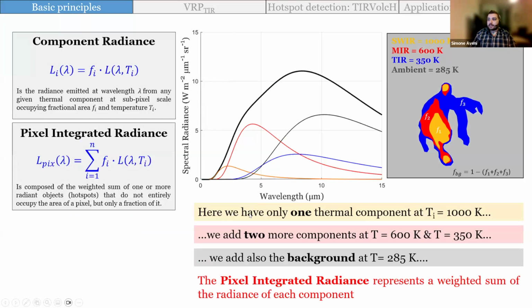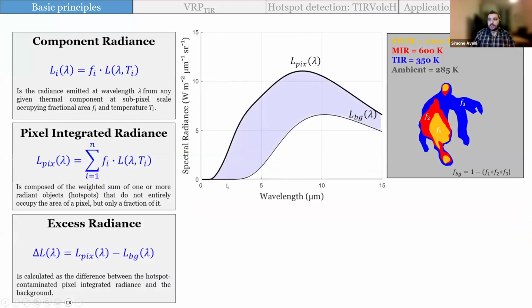So the pixel integrated radiance is what is needed for us to detect and quantify a thermal anomaly, because what we're really interested in is not the whole pixel integrated radiance, instead it is the excess of radiance. It is just the portion of radiance that exceeds that of the background.